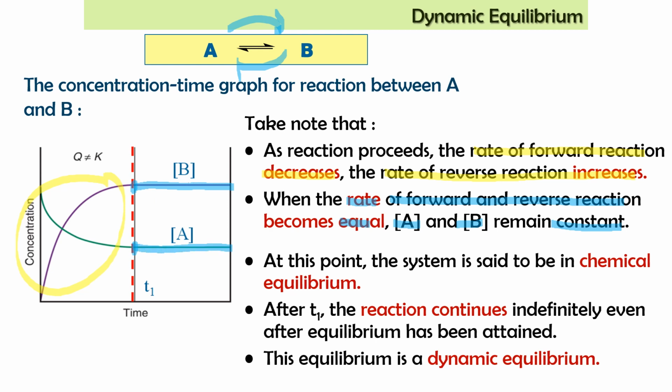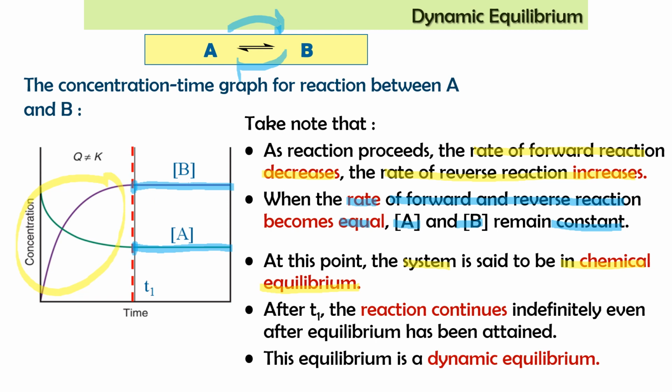This means A will continually convert to B, the reactant will continually convert to product, and B, your product, will continually be converted back to form the reactant A. At this point, the system is said to be in equilibrium, which means the system is in chemical equilibrium.